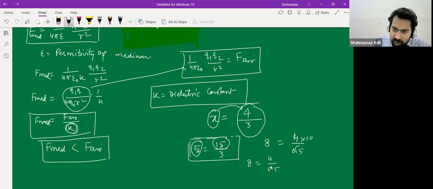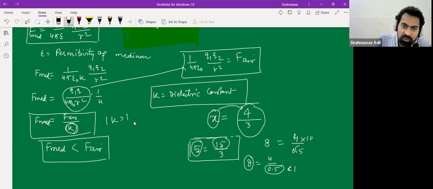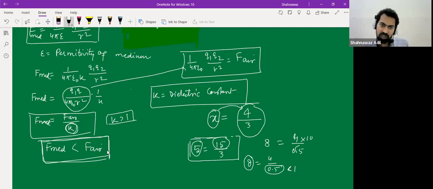So if the denominator is less than 1, then the number would be greater. But K is greater than 1, so that's why this F medium is lesser than F air. Understood?